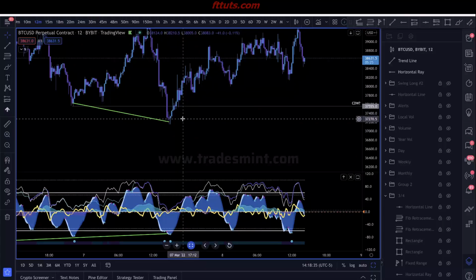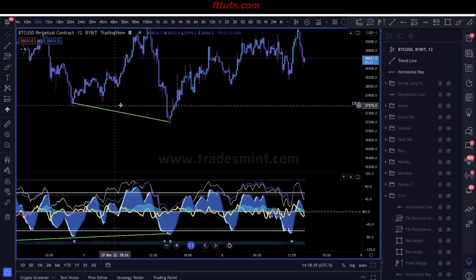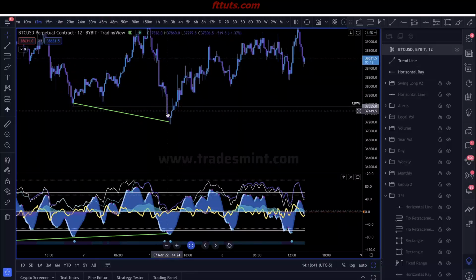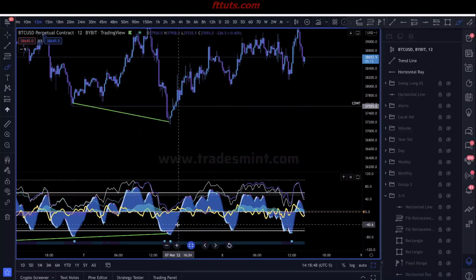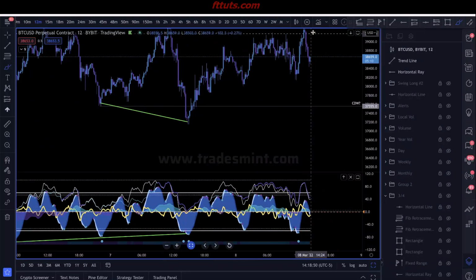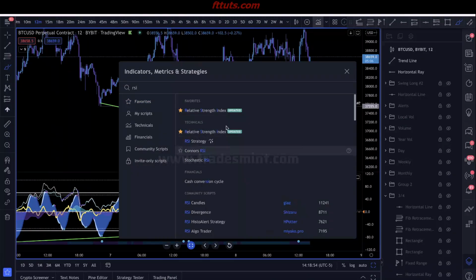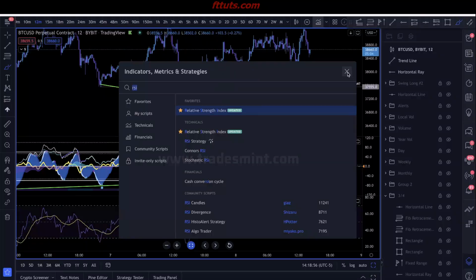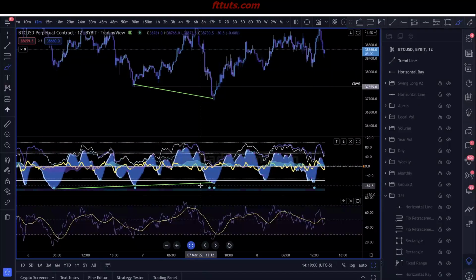But the point is, we still were able to identify the fact that we had lots of shorts coming into the market right here. They were immediately being trapped. And then we also see on Market Cipher B bullish divergence. Okay, even if you're using a regular RSI, relative strength index, are we getting bullish divergence on the RSI?